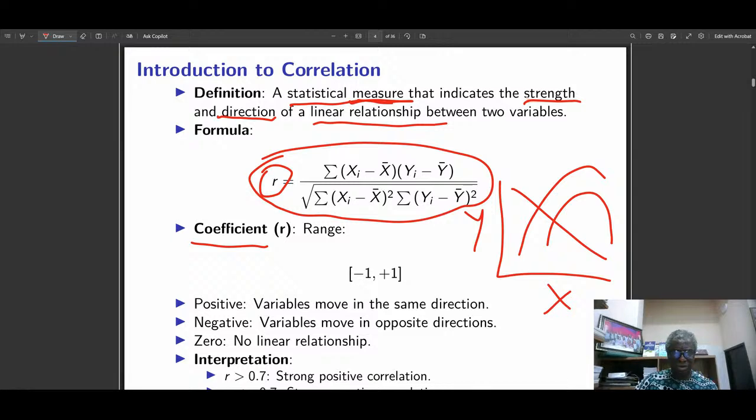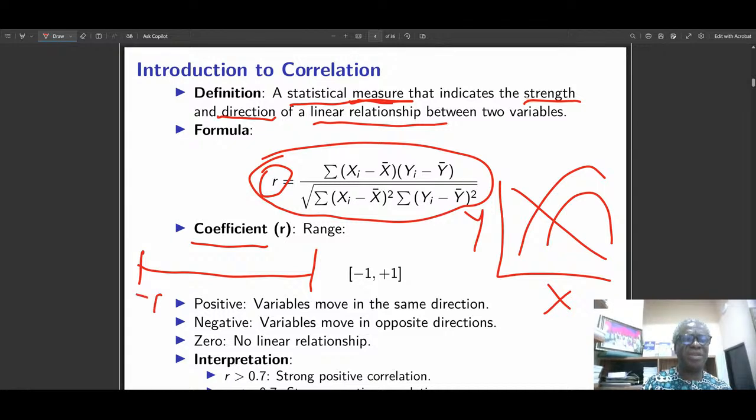So the value of the coefficient will always lie between two intervals, -1 and +1. Of course, there is 0 here. So R is a number between -1 and +1.